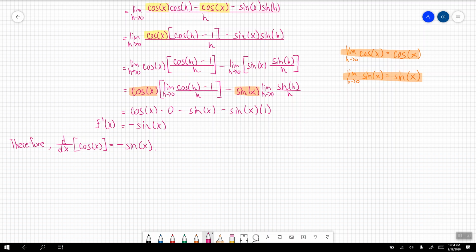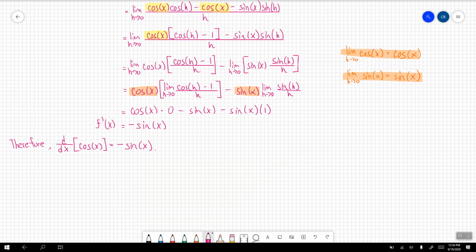And again, that's using our limit laws for derivatives. We want to keep extracting these for all of the different trigonometric functions. So we now want to find the derivative of sine, tangent, cosecant, secant, and cotangent. That way we can build a big list of these derivatives of trigonometric functions.